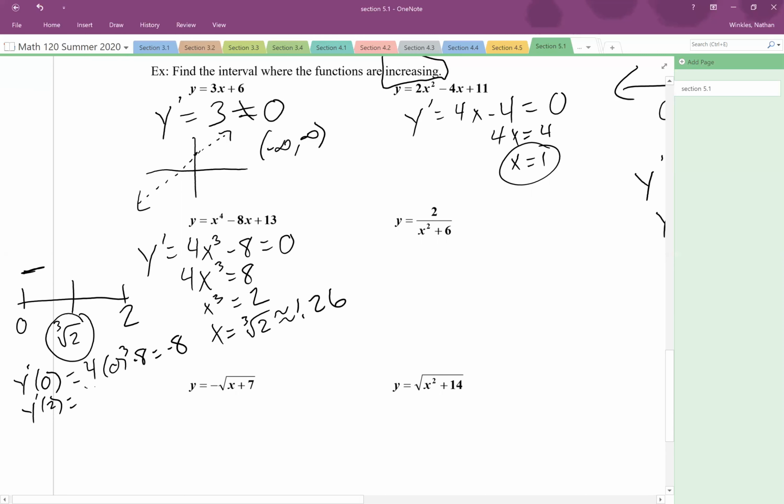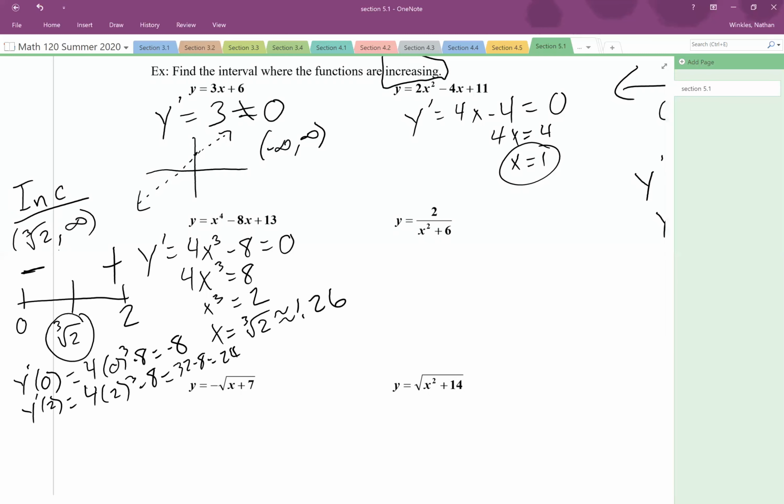Plug in 2: 4 times 2 cubed minus 8 is 32 minus 8, which is 24. So it's positive. So therefore, this one is increasing from, sorry, I had something else in my head. Cube root of 2 to infinity. Don't think that they're always going to be on that same right interval. That's just by coincidence that that's happening.